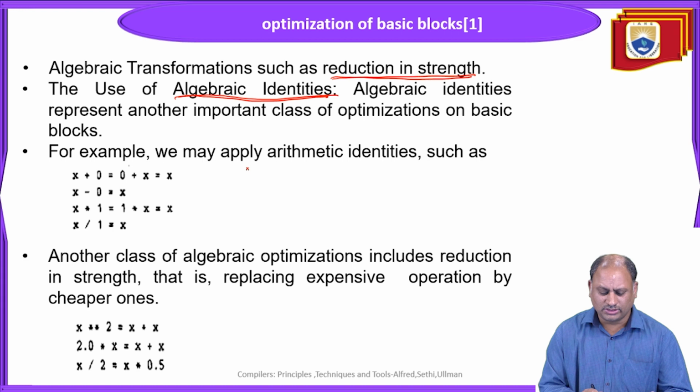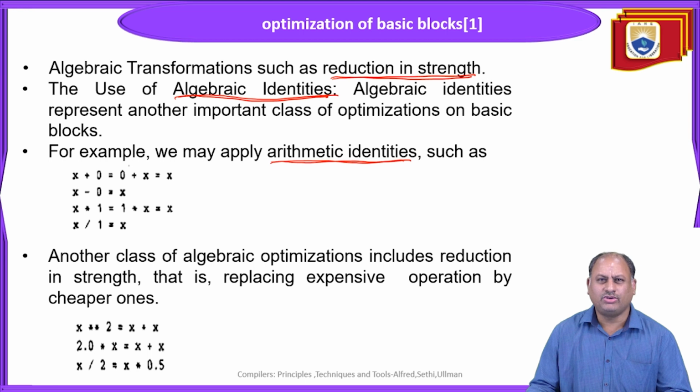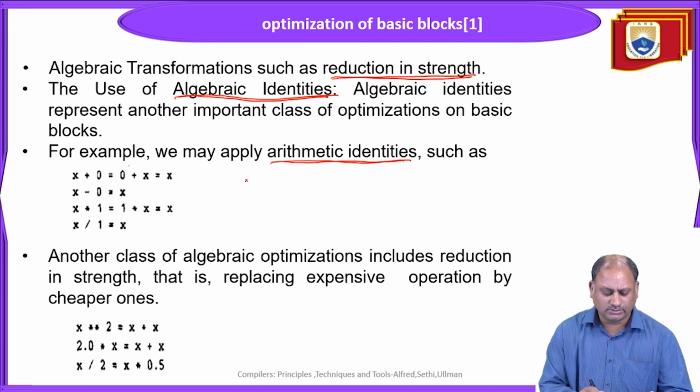For example, consider the arithmetic identities. We know the arithmetic operations such as plus, minus, star, slash. For example, x plus 0 equals 0 plus x, which is equal to x.